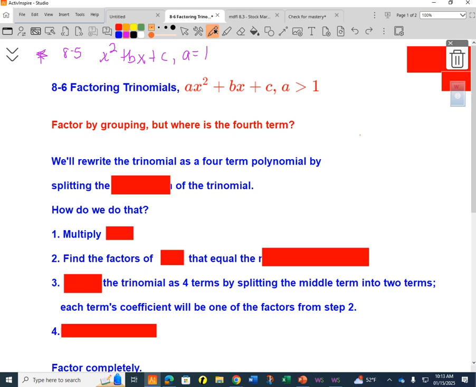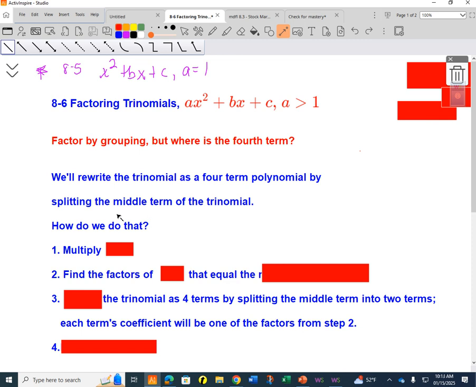We are going to rewrite the trinomial as a 4-term polynomial, and we're going to do that by splitting the middle term of the trinomial. Right here. Once we rewrite it with the middle term split, we will have gone from 3 terms to 4 terms, then we can use our factor by grouping step.